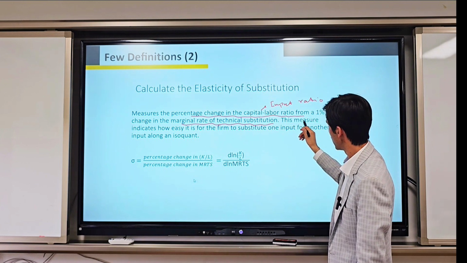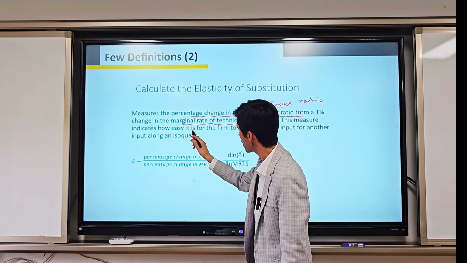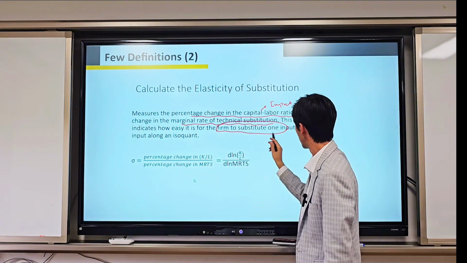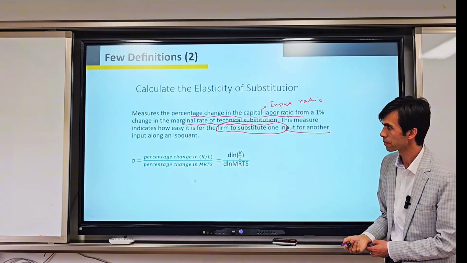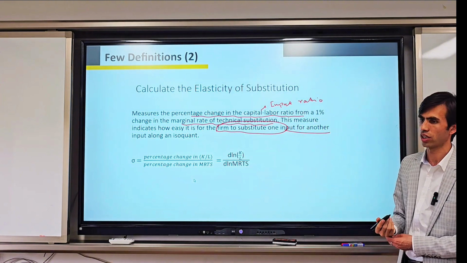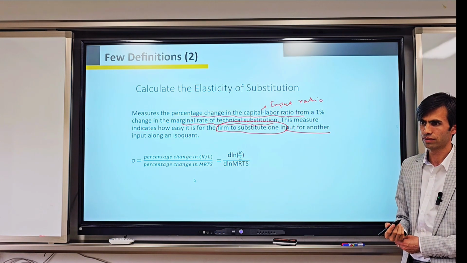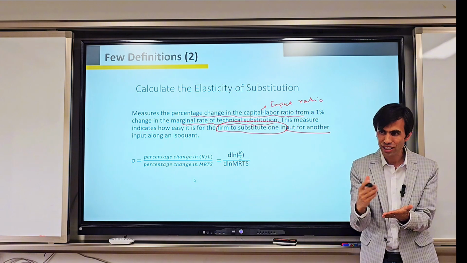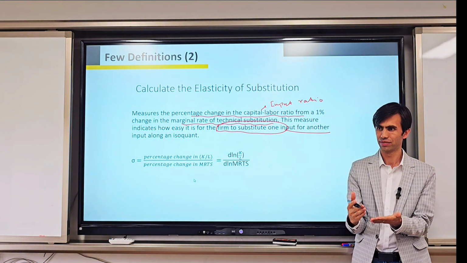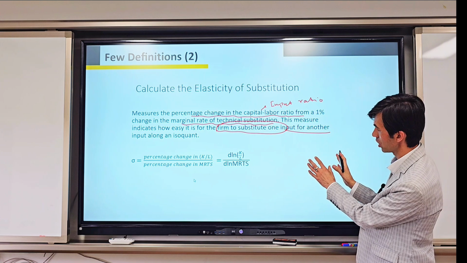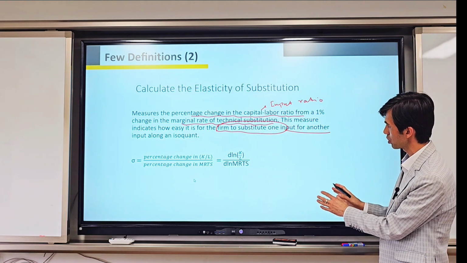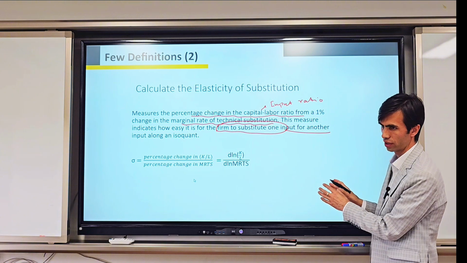What does it measure? This measure indicates how easy it is for the firm to substitute one input for another along an isoquant. So it shows whether it's easy to substitute or difficult.